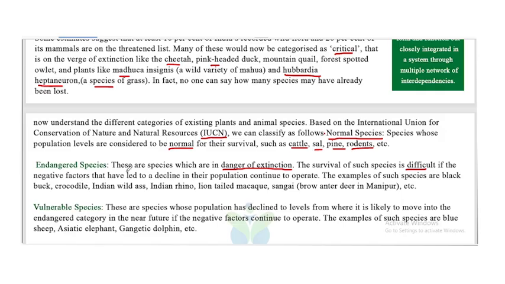If the negative factors still continue to operate, then the survival is very difficult. Examples of such species are black buck, crocodile, Indian wild ass, Indian rhino, lion-tailed macaque, Sangai, that is the brow-antlered deer in Manipur. So these are classified as endangered species.